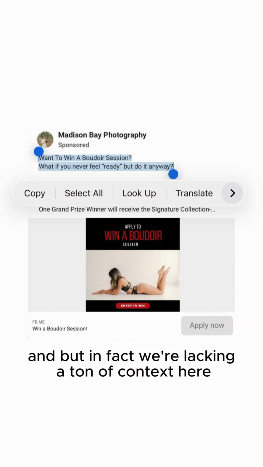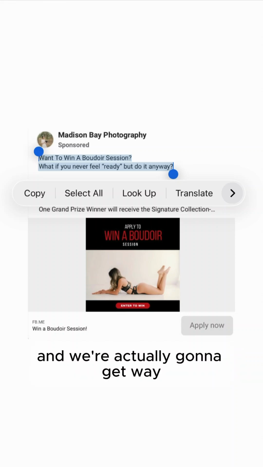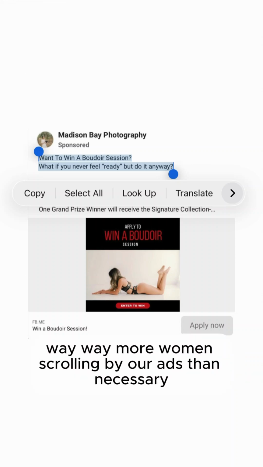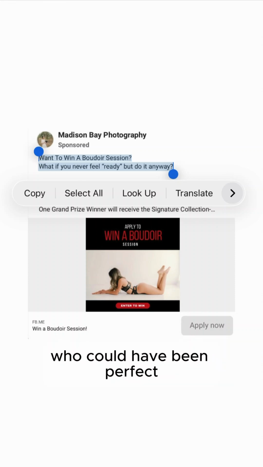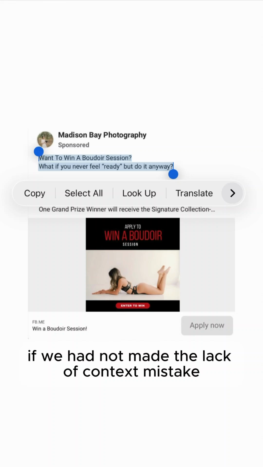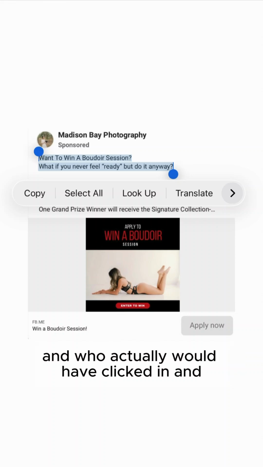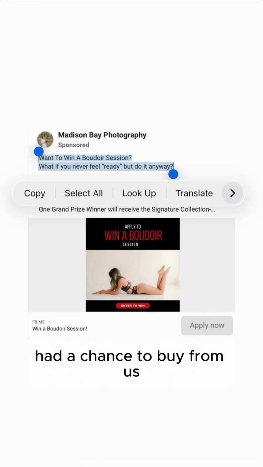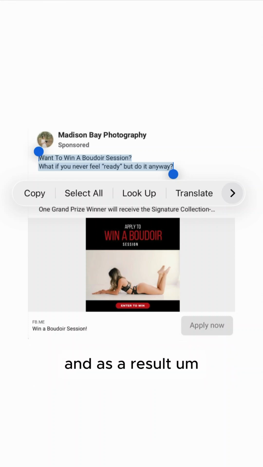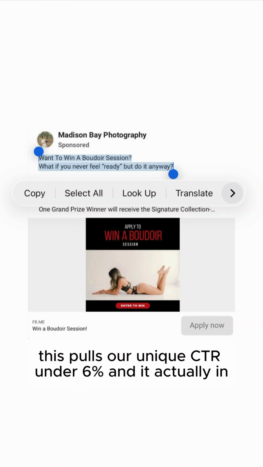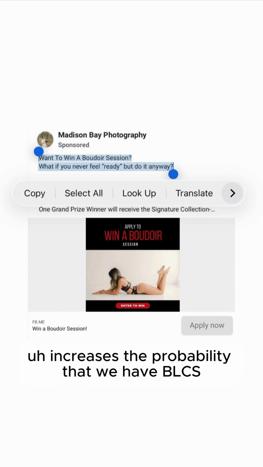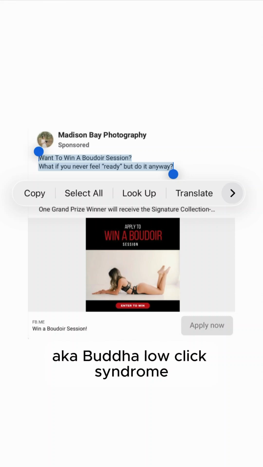But in fact, we're lacking a ton of context here, and we're actually going to get way, way, way more women scrolling by our ads than necessary who could have been perfect if we had not made the lack of context mistake, and who actually would have clicked in and had a chance to buy from us. And as a result, this pulls our unique CTRL under 6%, and it actually increases the probability that we have BLCS, aka Boudoir low click syndrome.